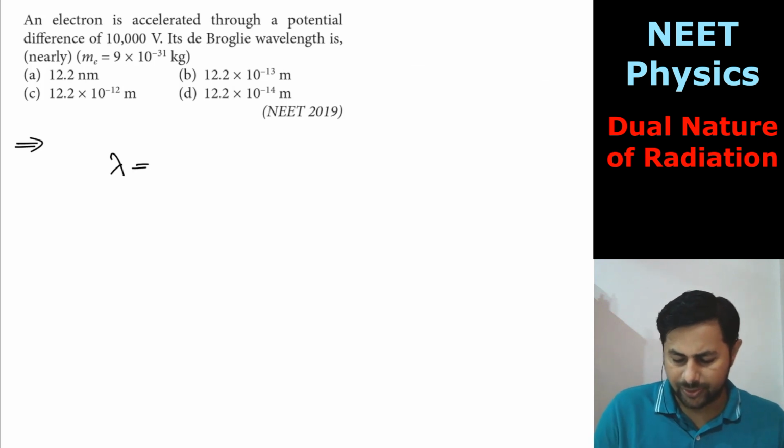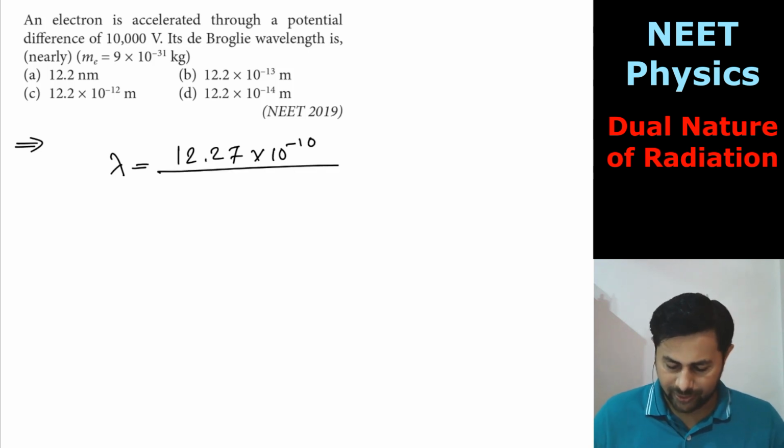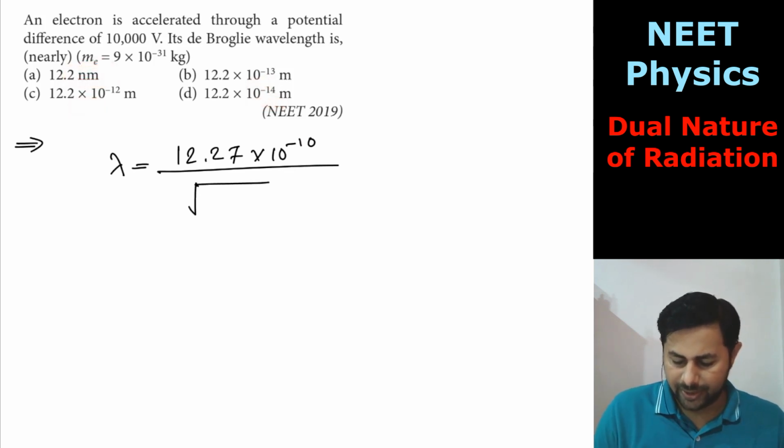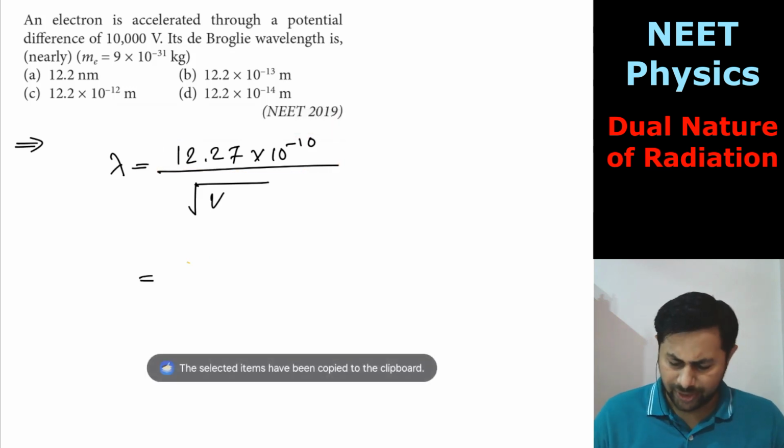So lambda equals 12.27 multiplied by 10 raised to minus 10, right? Because they have given the powers here. Okay, one answer is in nanometers. Let's check. And it is 10,000 volts, means 10 raised to 4 only.